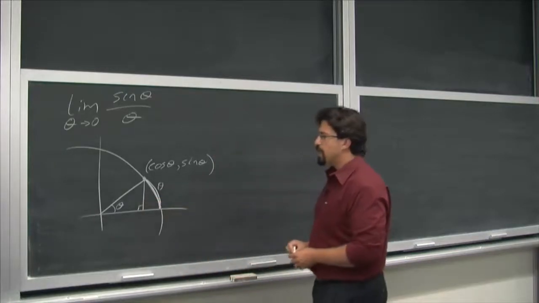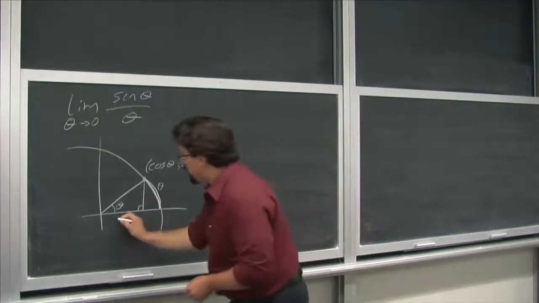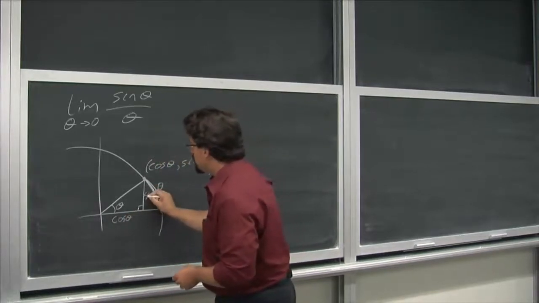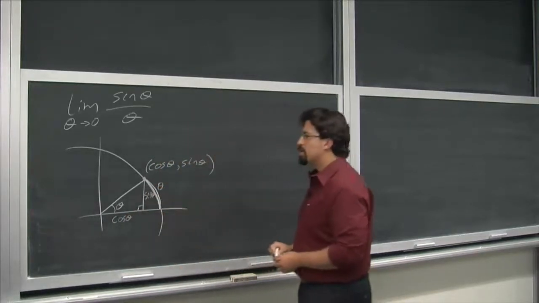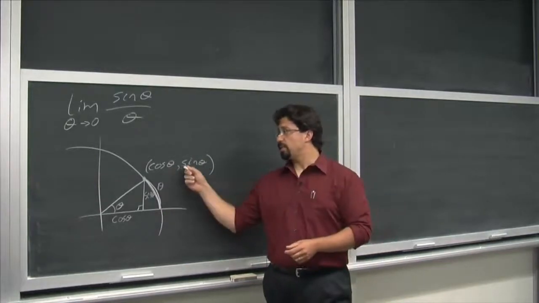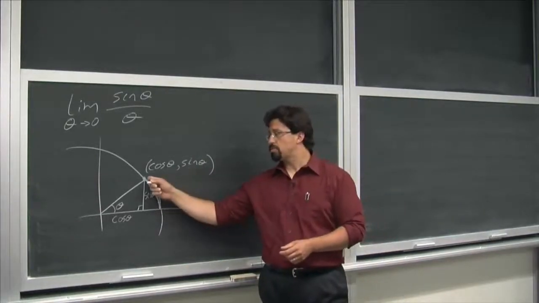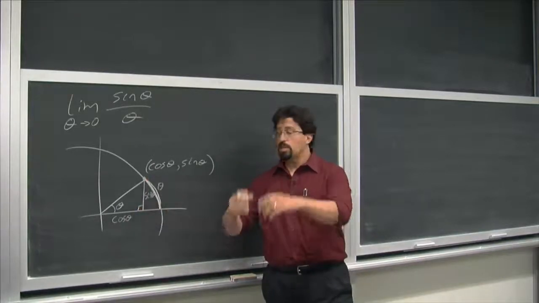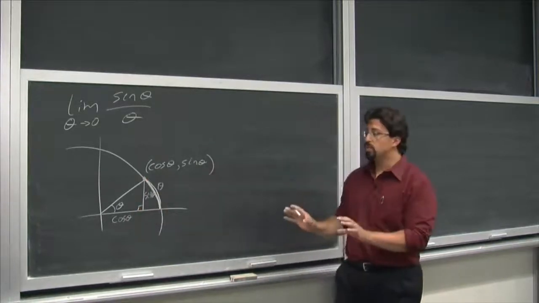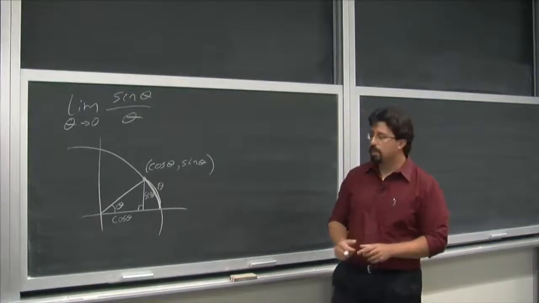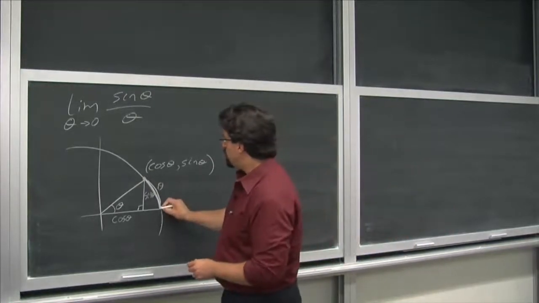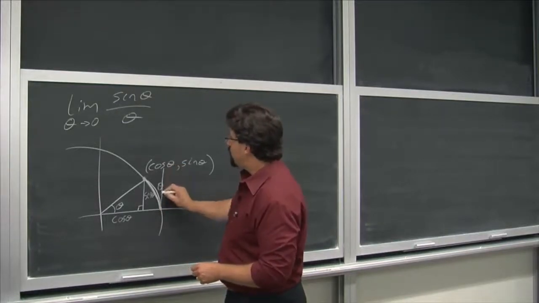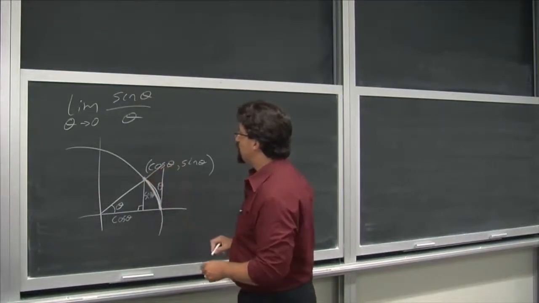I can draw a right angle triangle over here where the base is cosine theta and the altitude is sine of theta. I've got that right here from my point. I'm at cos comma sine, so this is the x coordinate, this is the y coordinate, and that gives me my way to get to cos comma sine. I'm also going to do a similar thing starting over here, building up a vertical line and extending this until they meet.